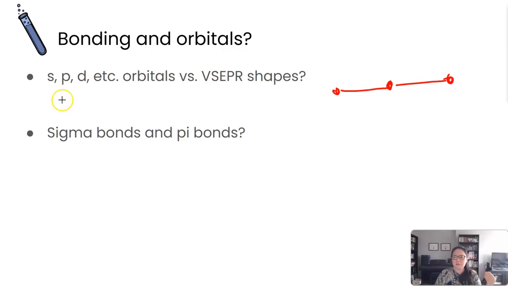But each of these individual atoms is going to have s orbitals, which look like that, p orbitals that look sort of like that, d orbitals where some of them look something like that, and you have all these different shapes. And then you have sigma bonds and pi bonds, so how does this all fit together? Well, this all fits together because of hybridization.